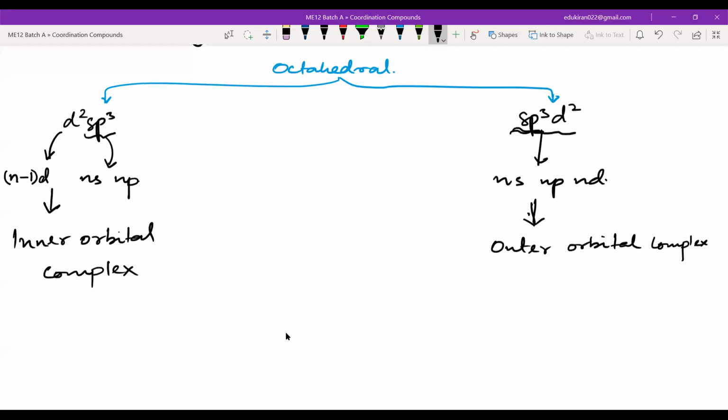Yesterday we did two examples of outer orbital complex. How many unpaired electrons were present in both of them? In the first one, 6 unpaired electrons.